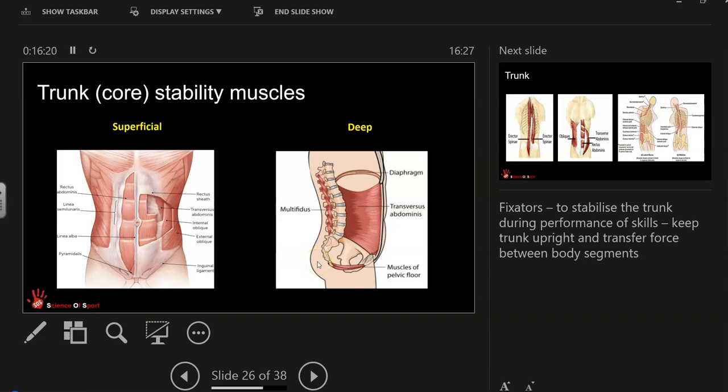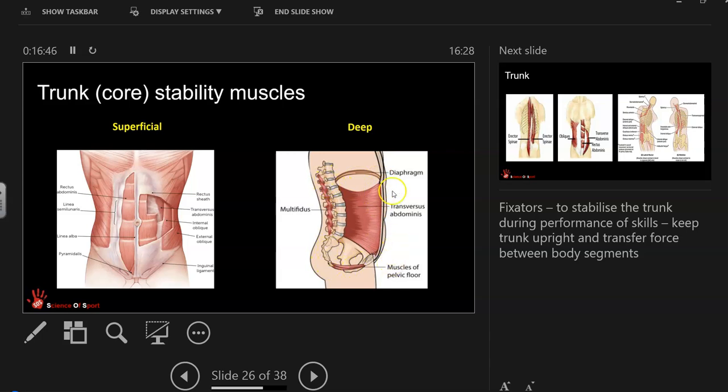We've also got some deep muscles, and these are what we would understand as our core muscles. Multifidus is at your lumbar region. Transverse abdominis, so transverse means goes around your abdominis, your middle, and your pelvic floor, and those three with the diaphragm at the top almost make a protective box, which is your core.